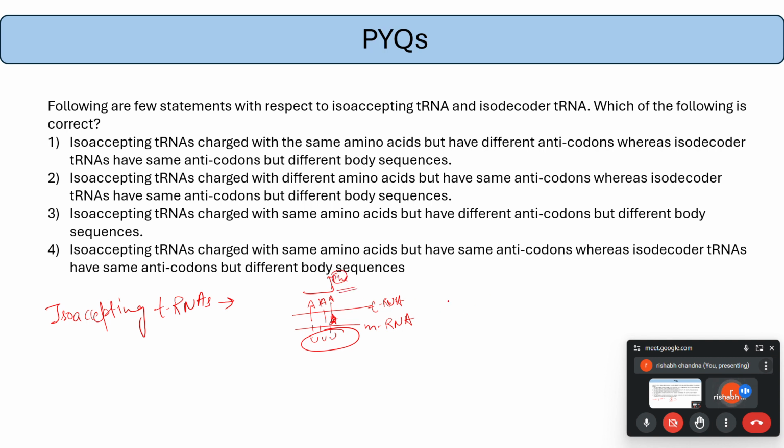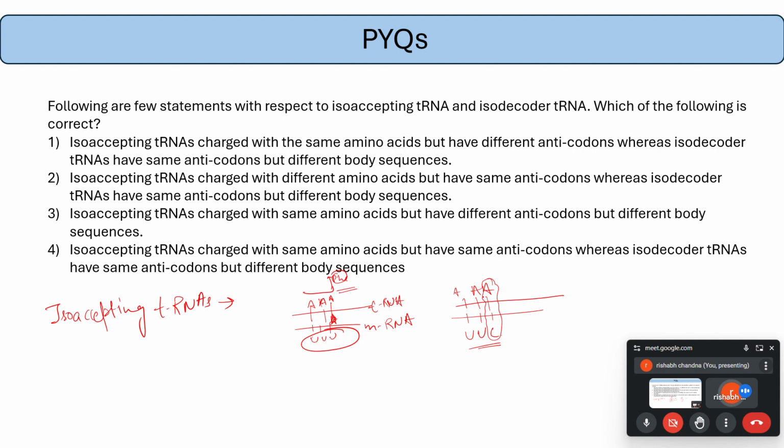Now this particular one is based on the wobble hypothesis. Okay. So the third base in the codon can be freed for the complementary base pairing between the different bases.